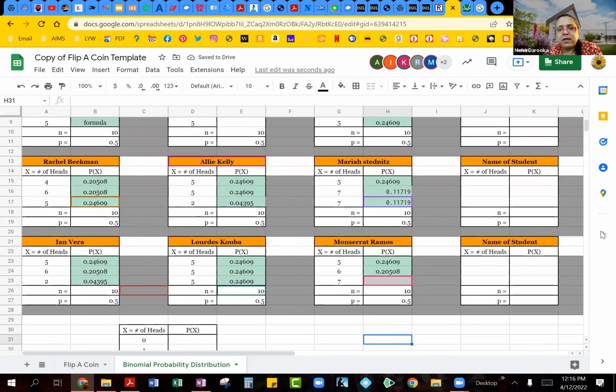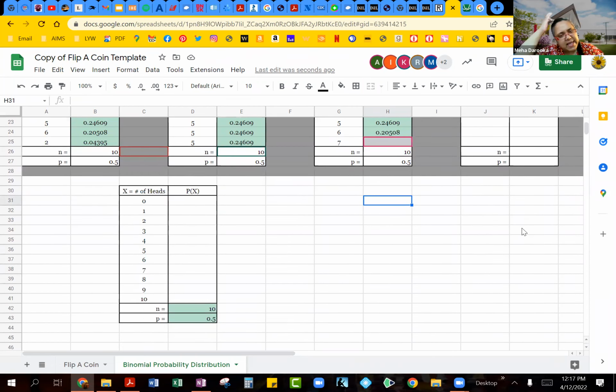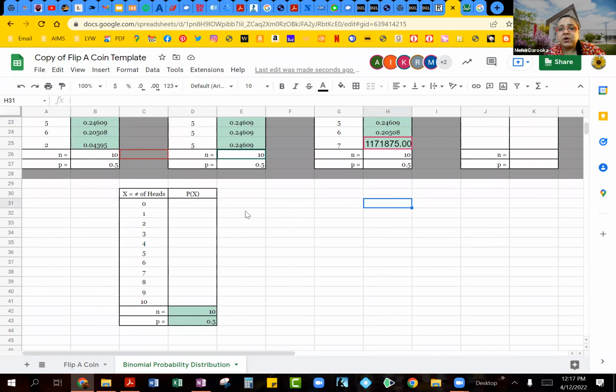All righty. So let's go ahead and check these answers. You will see at the bottom of our page here, I created a table so we could see what it looks like as you go from 0 to 10 heads, because remember I told you, depending on what your answer comes out to be, you can go anywhere from 0 to 10 heads.